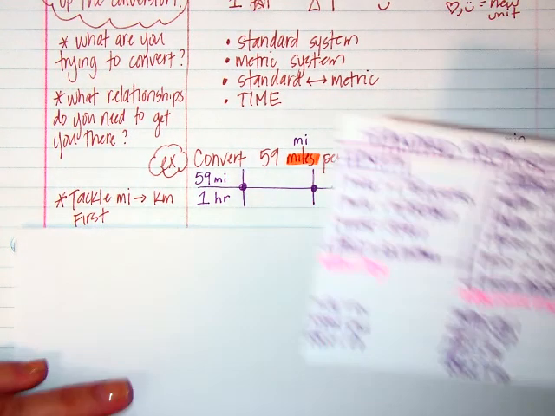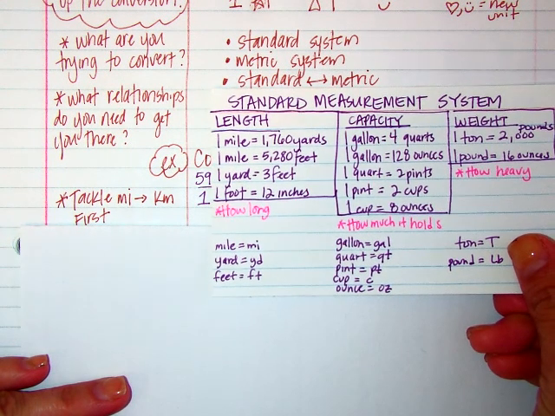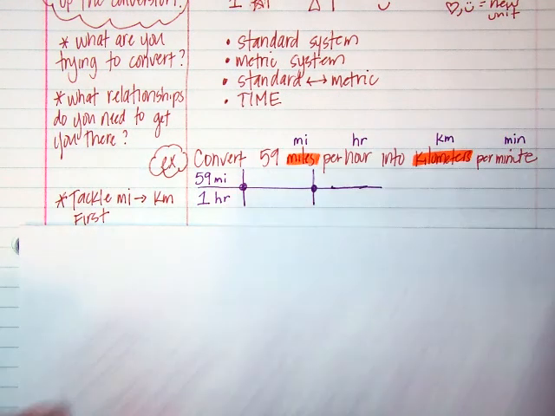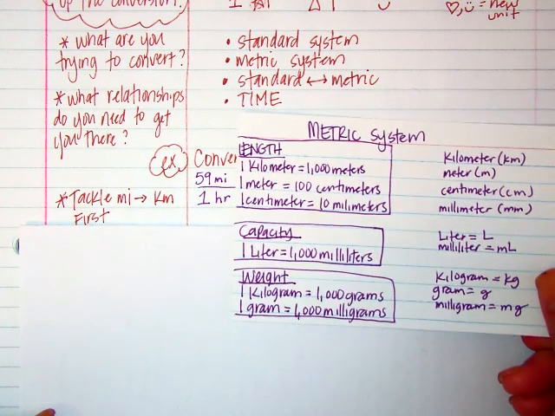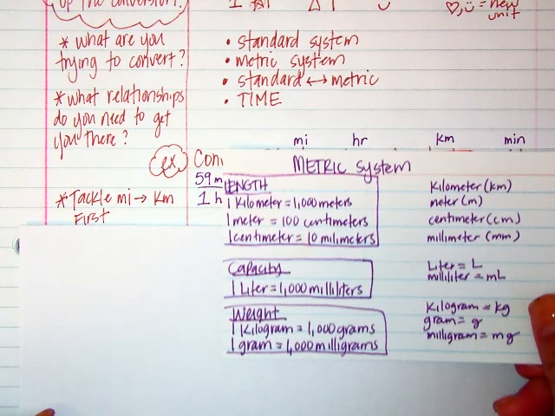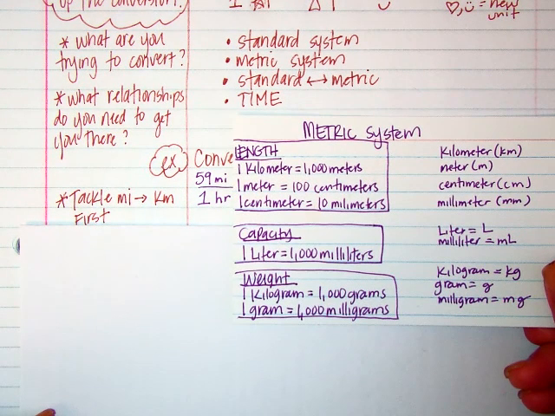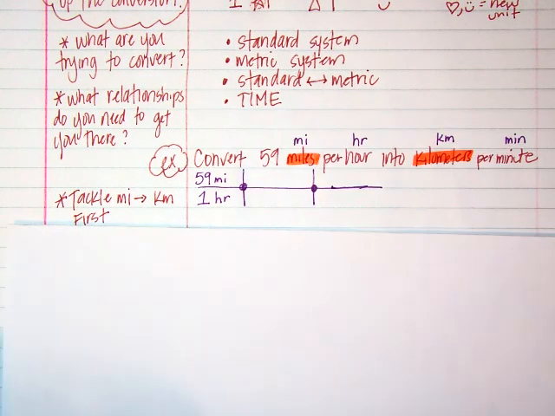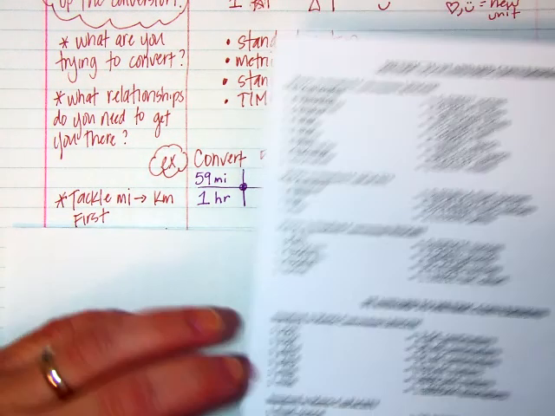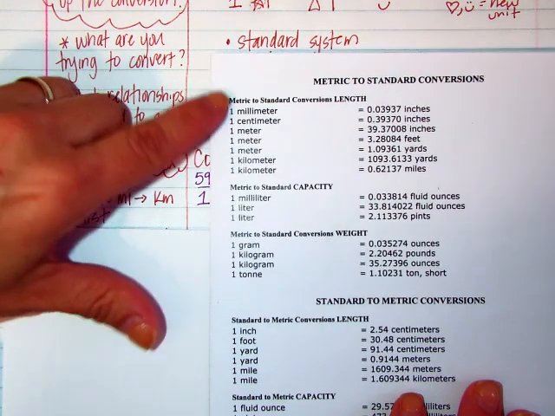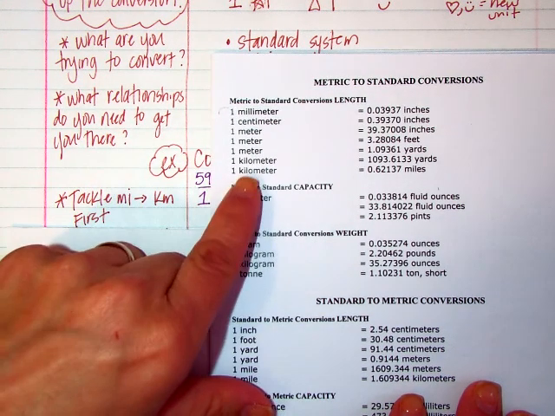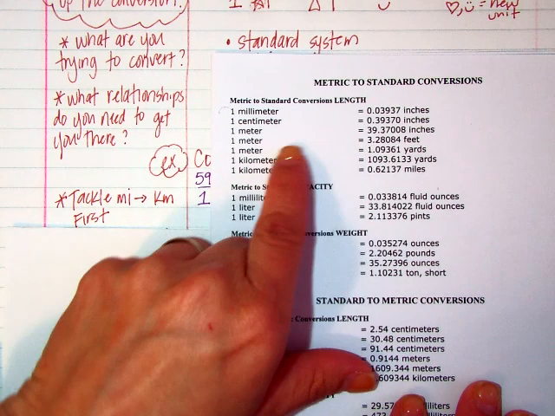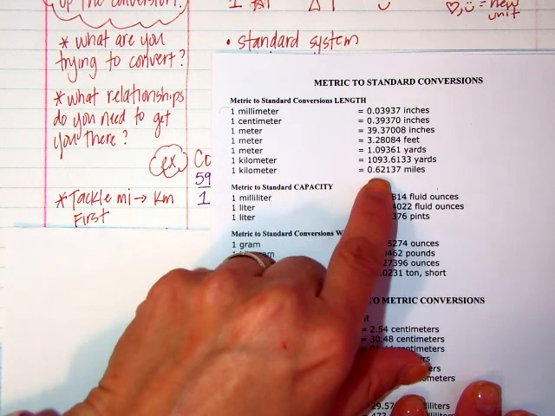I can't find a relationship between miles and kilometers in my standard measurement system. If I try looking into the metric system for miles and kilometers, I can't find anything here either. Now I'm going to go check to see if I can find a relationship between miles and kilometers here. I found kilometers and I found miles. Perfect. So I'm going to use this relationship to help me convert.